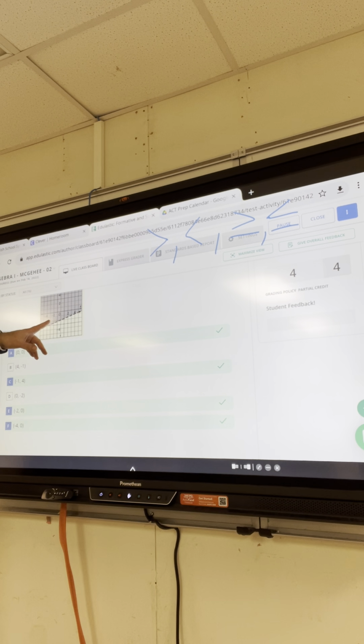So let's go ahead and draw this. Let's find the equation, or the inequality, for this. What is our y-intercept? Because remember, there are 2 things that we need to know.